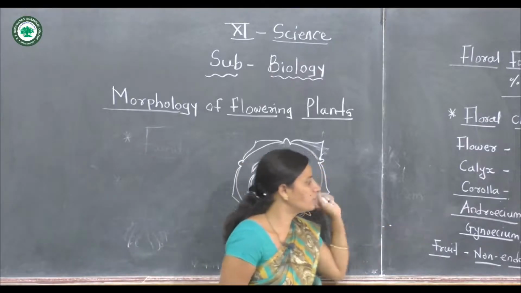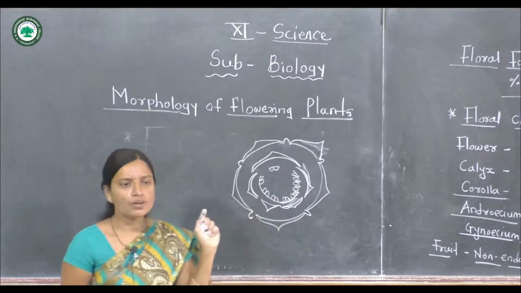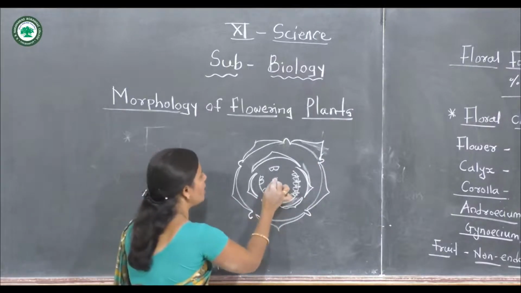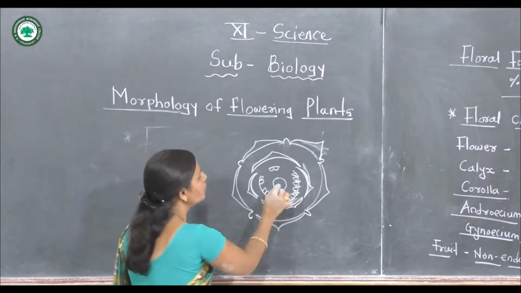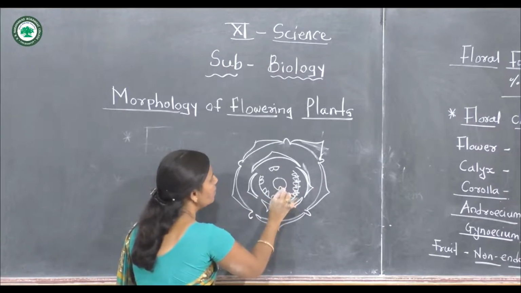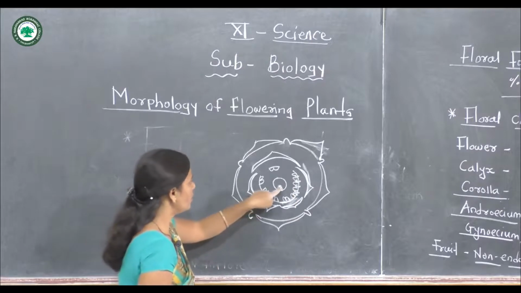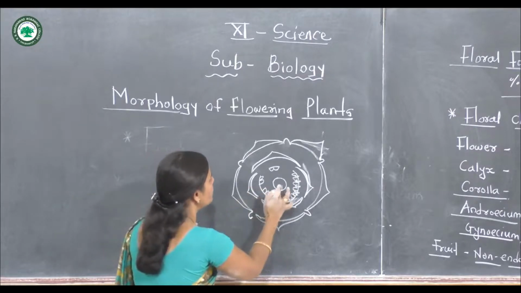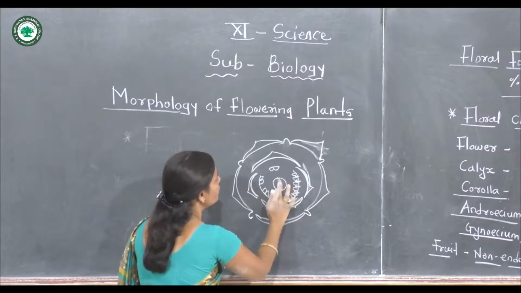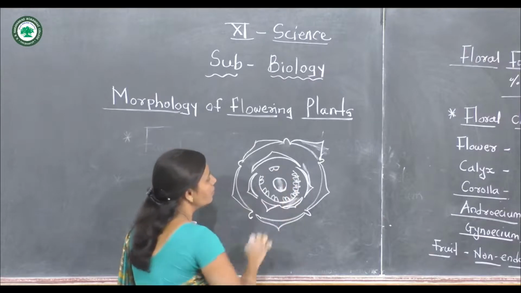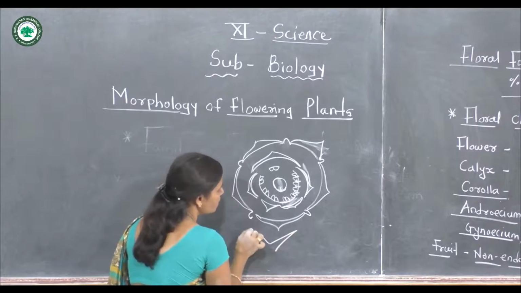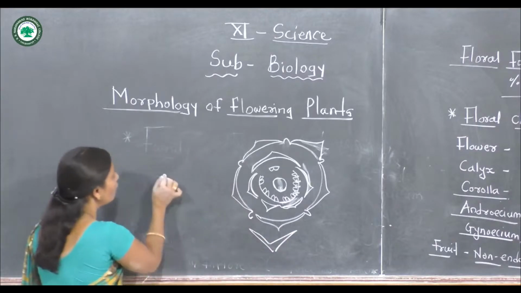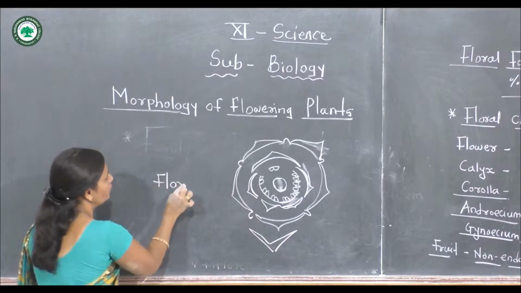The gynoecium is a single monocarpellary, unilocular, and many ovules arise inside this ovary. Also this flower is bracteate. The bract is present.